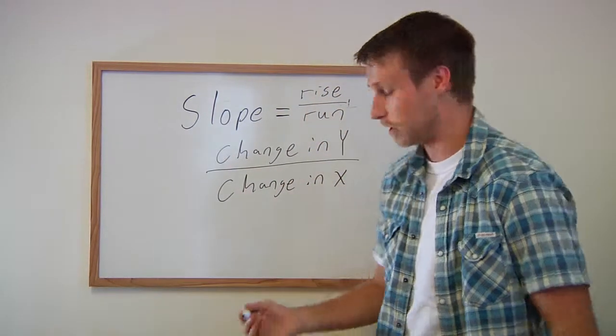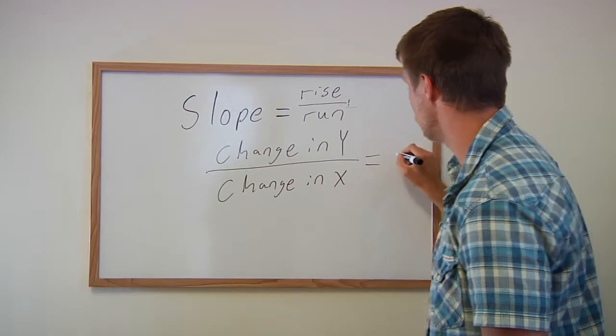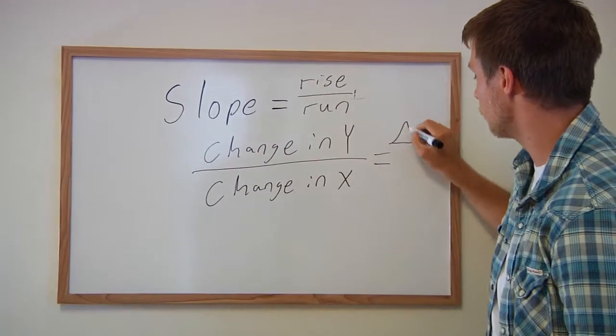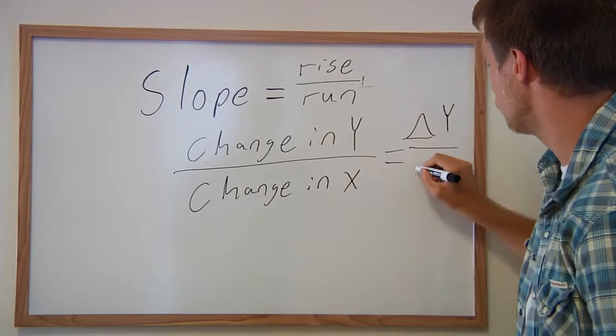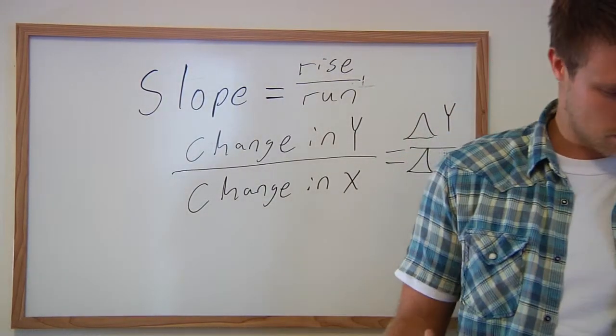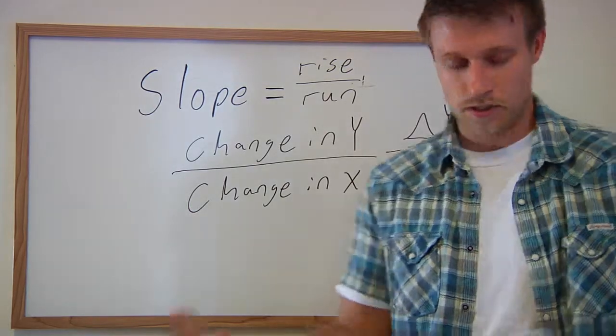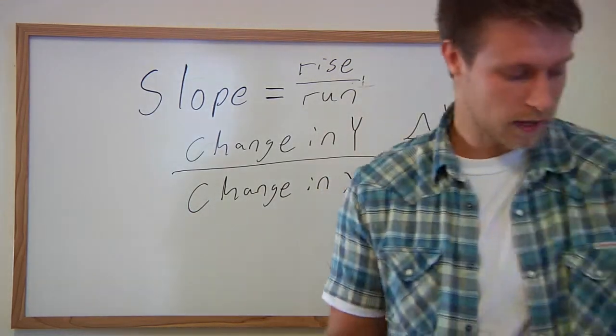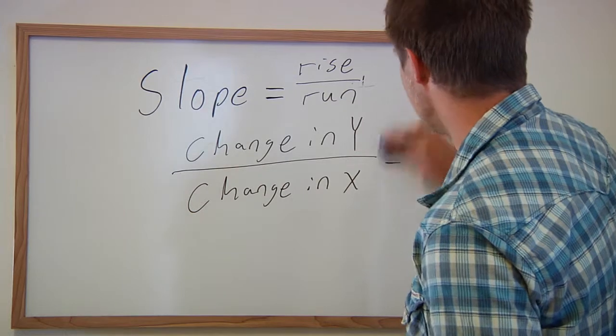Or in really mathematical terms, you'd have delta y over delta x. But this is just jargon, mainly. It's just speak that we use. What we have to look at is the concept of what is slope.